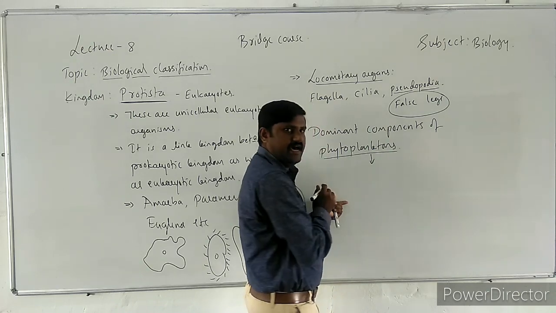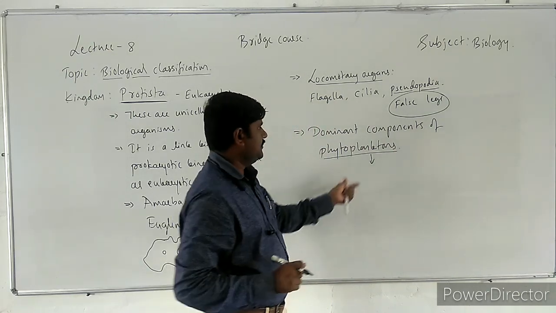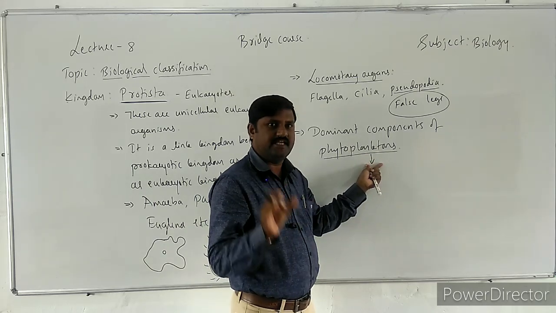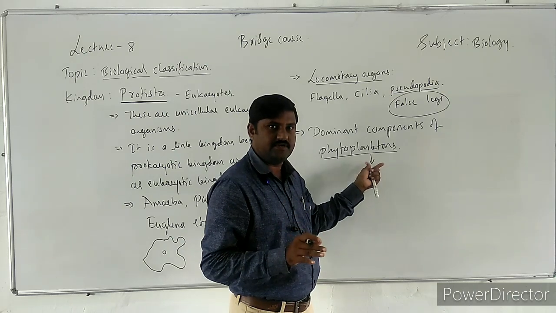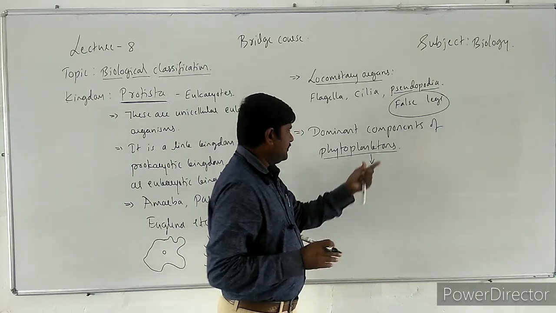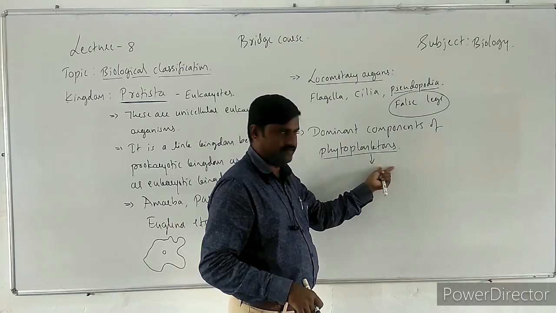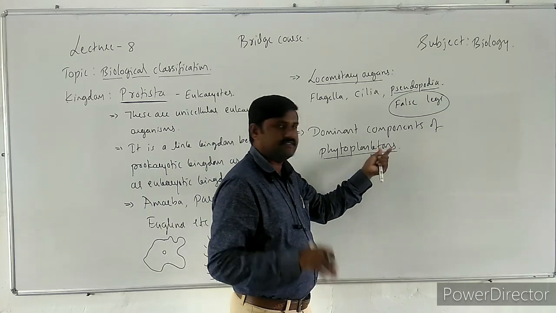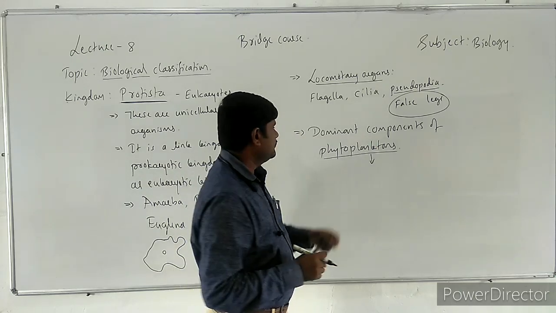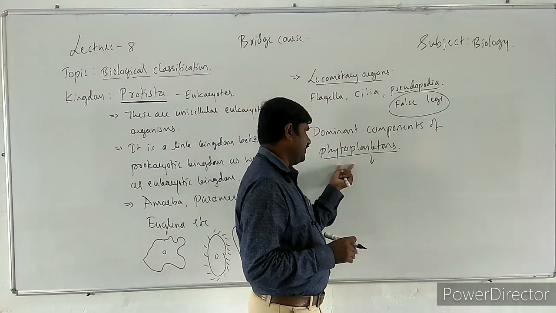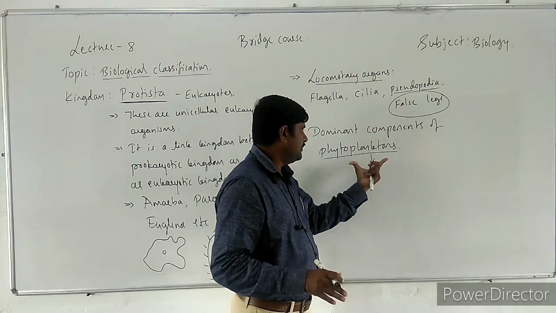Planktons are the organisms which are freely sailing on the surface of the water. Such kinds of organisms are said to be planktons. If these planktons are plants, then they are called phytoplanktons. If these planktons are animals, then they are called zooplanktons, right? Phyto means the planktons which are plants.